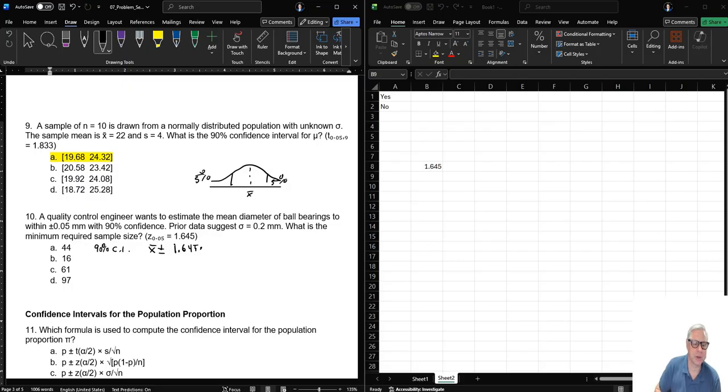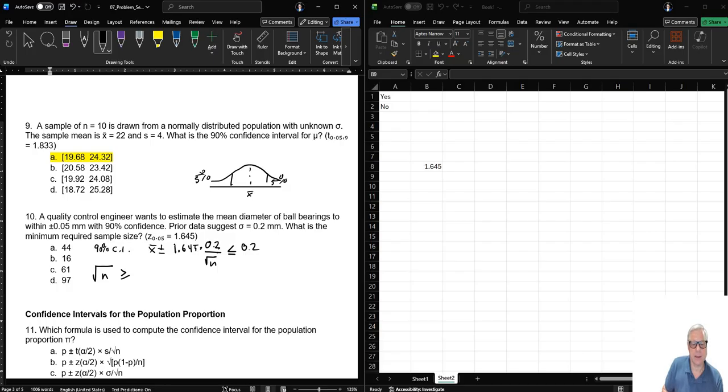times the standard error. So the population standard deviation is 0.2 divided by the square root of n. And again, that is supposed to be less than 0.05. So let's rearrange terms again. We can write n needs to be greater or equal.